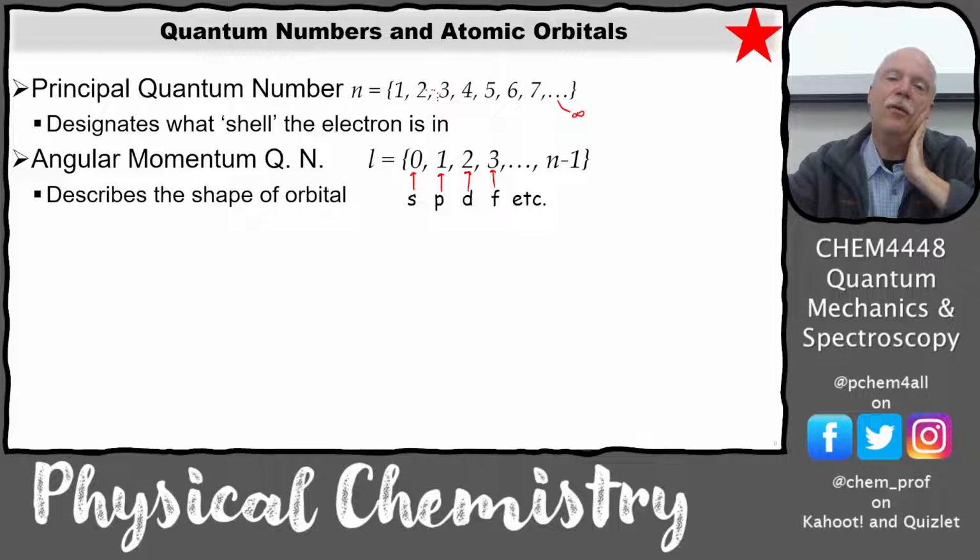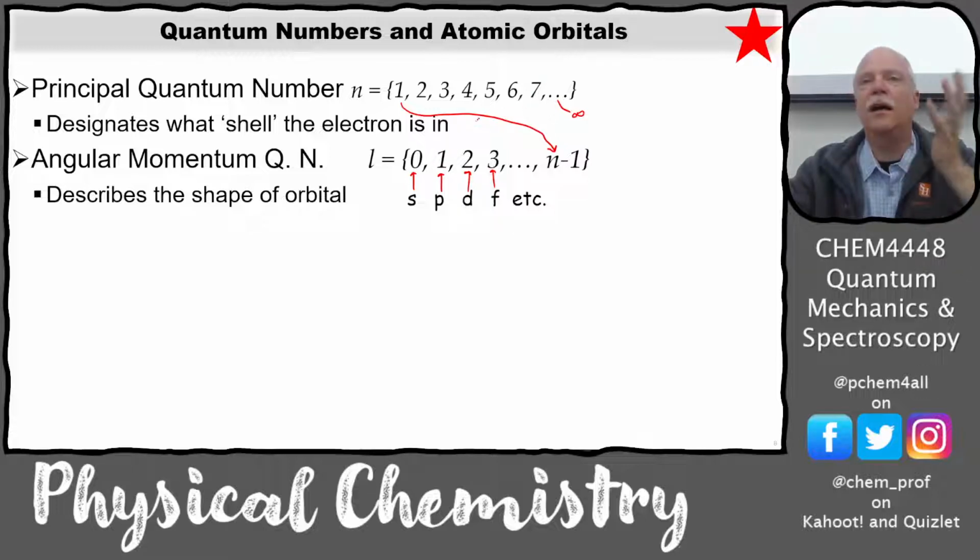So whatever n is caps L. That's why we don't have a p orbital in the n equals 1 shell. Because if it's n equals 1, then L is capped at n minus 1, which would be 0. So we only have an s orbital for n equals 1.